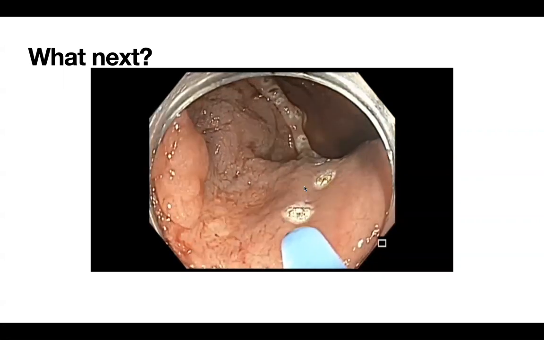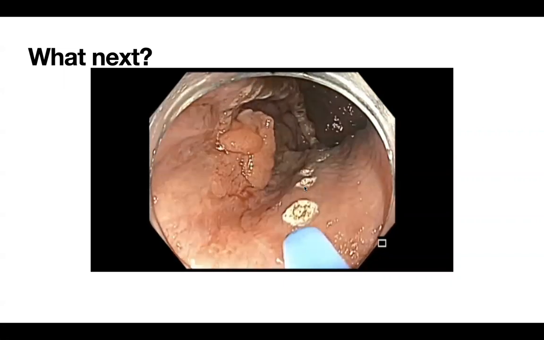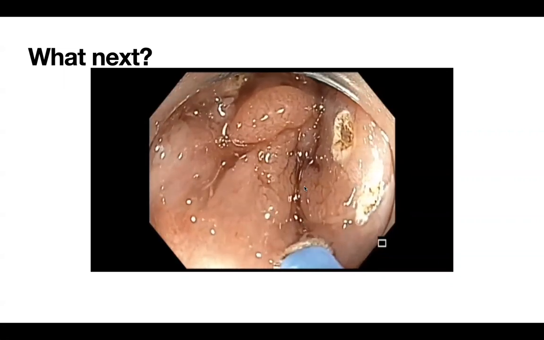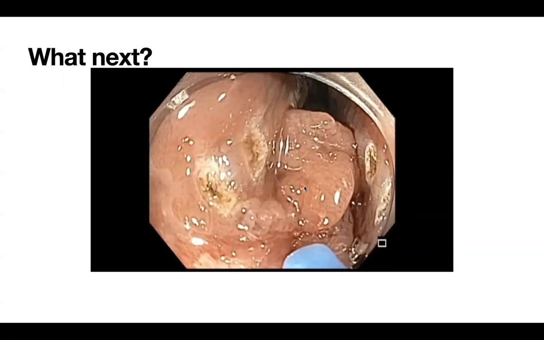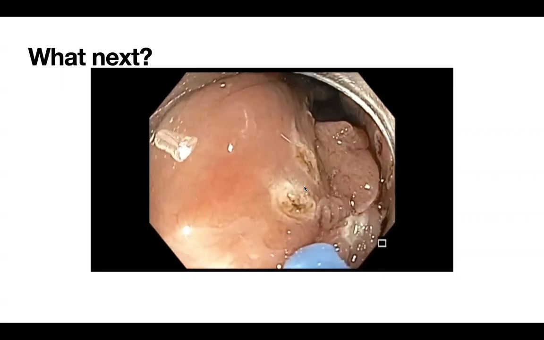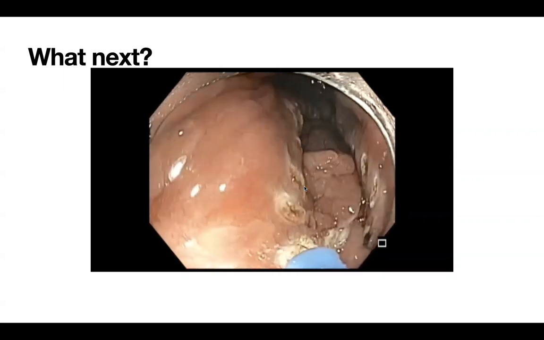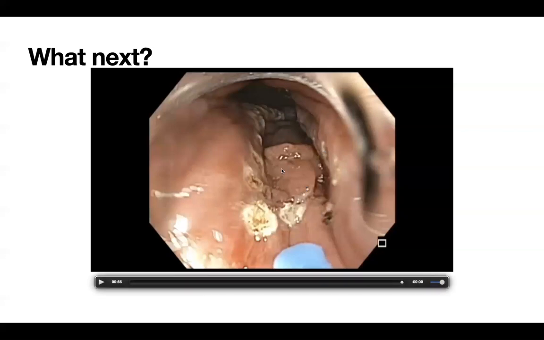So we did it on the right side, and then on the left side, and now we're coming to the right side. You can see the lesion is very close to the dentate line. And I'm actually placing the marking at the dentate line. All right, so you can see that that's the whole area.